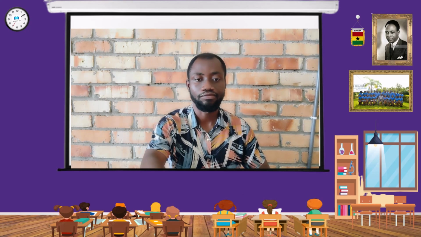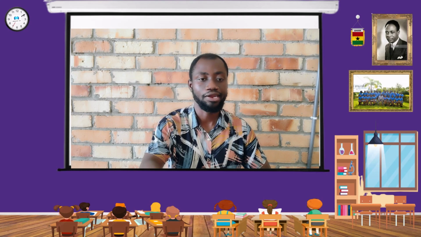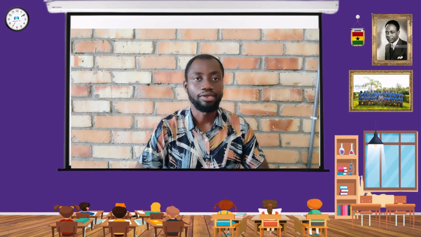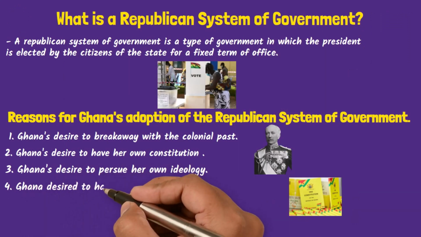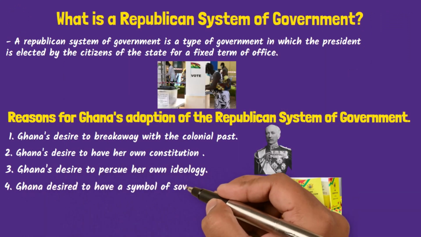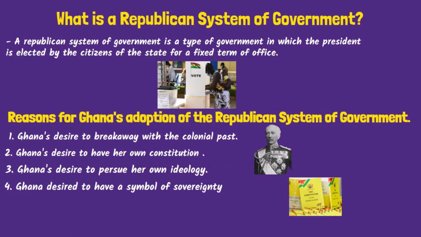And the last of the reasons why Ghana decided to adopt a Republican system of government was as a symbol of sovereignty. After emerging from a long period of colonial rule, the adoption of a Republican system of government was to symbolize the newly won sovereignty of Ghana as a fully independent nation.